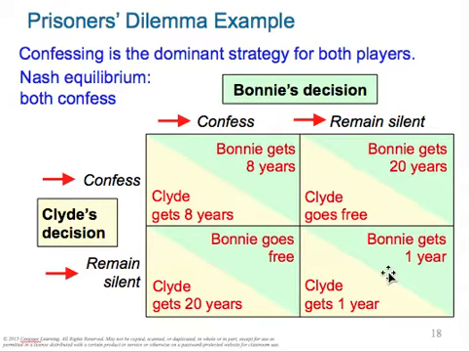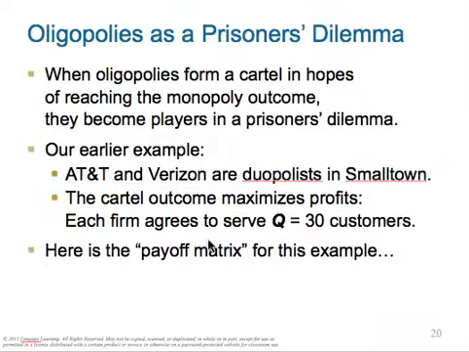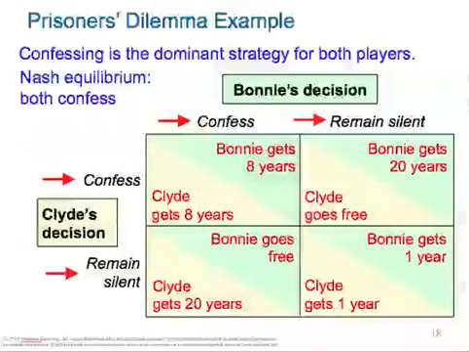You know you would speak up, confess, and try to get out free. Either Clyde or Bonnie trying to get out for free. Well, if they both confess, that's their Nash equilibrium, what they're both going to do, they end up with 8 years apiece.